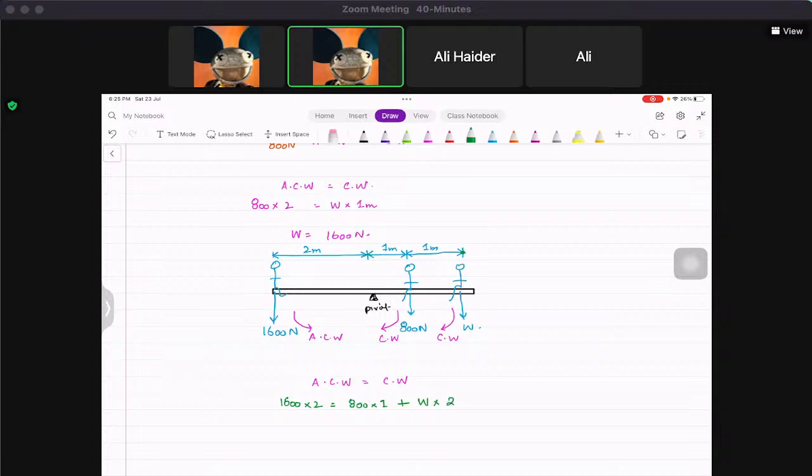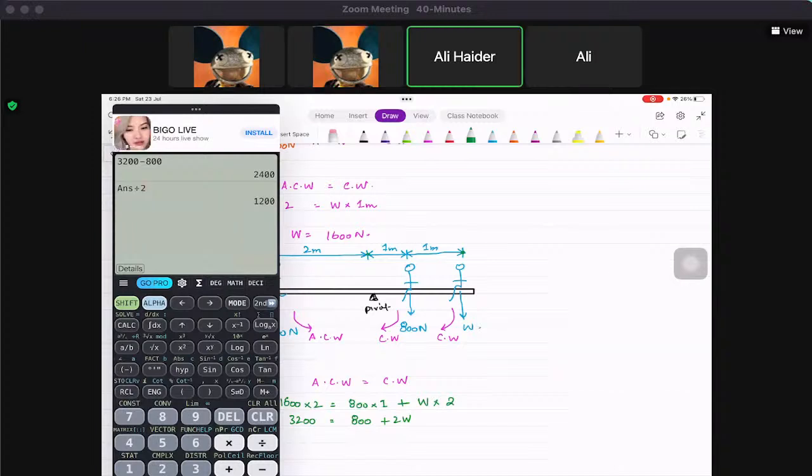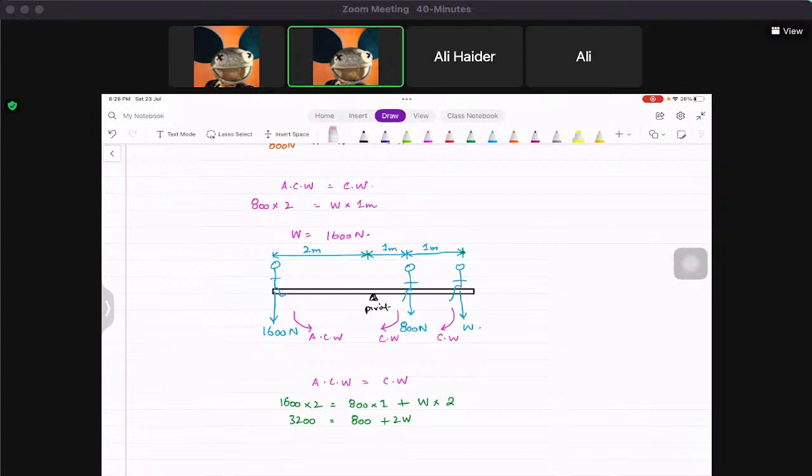Is it clear? So this will make it 3200. This is 800 plus 2W. You subtract this, 3200 minus 800, and then divide by 2. So W is 1200. Very good. Like that. Alright, that's how you're going to deal with this.